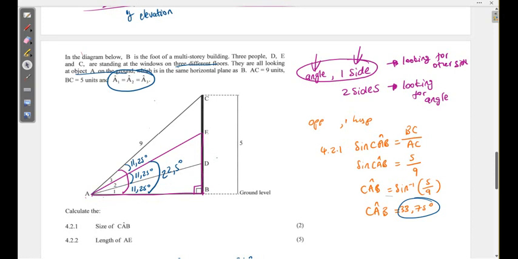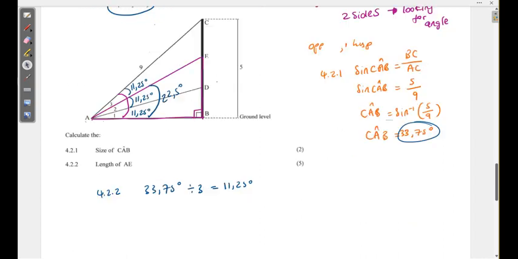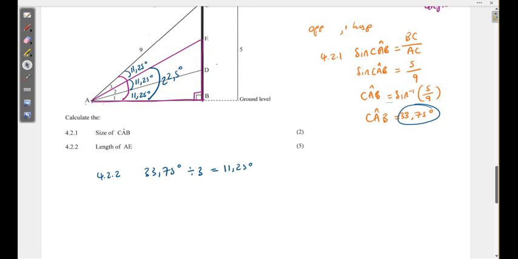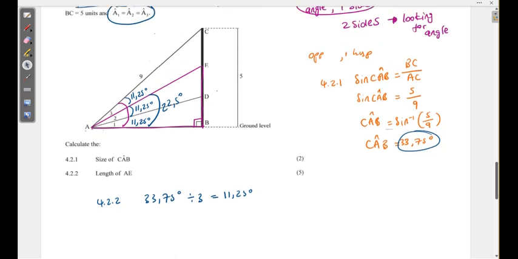How can we get AB? Remember that you have this side and that side, and this is a right angle triangle. You can actually use the theorem of Pythagoras to get AB looking at that large triangle. So AC squared, which is the hypotenuse, equals BC squared plus AB squared.